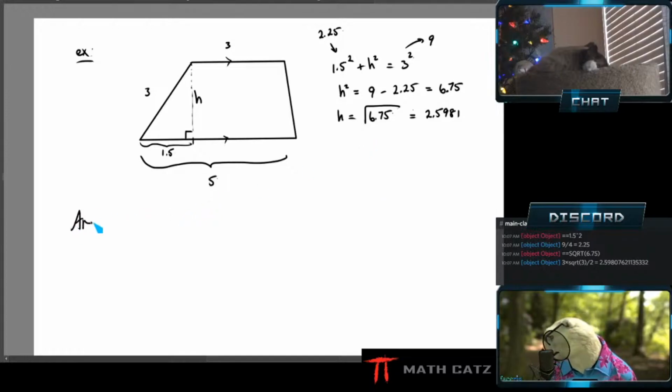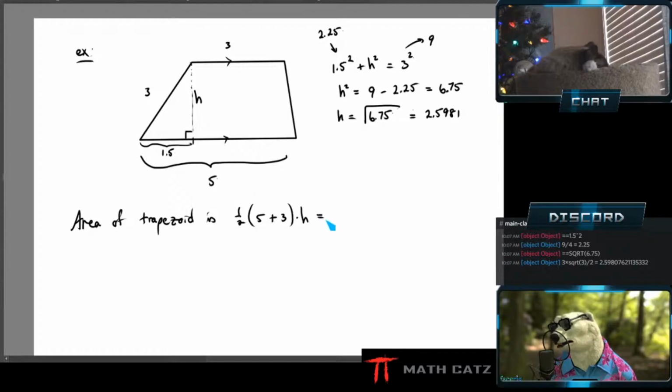Now, the area of the trapezoid is straightforward, 1/2 (5 plus 3) times h. I don't write h, I know I have the value of h, I just write h. But when we do the calculation, we want to use the most accurate h that we have.